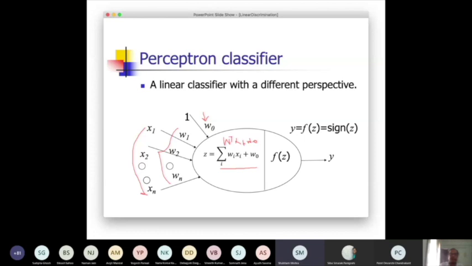So you have the weighted sum of the input attribute values, and also the bias which is added, and then you get the corresponding net input response. We call this response the net response.